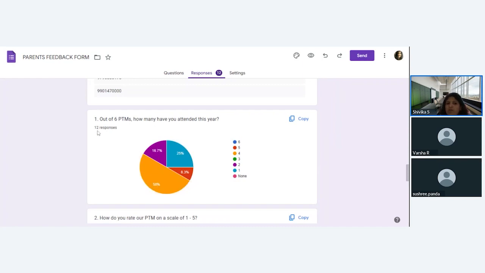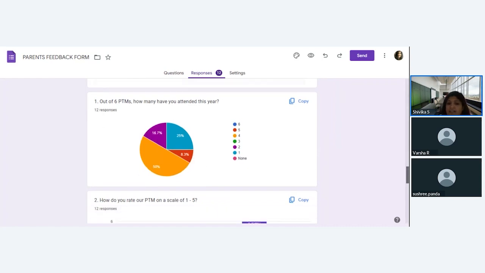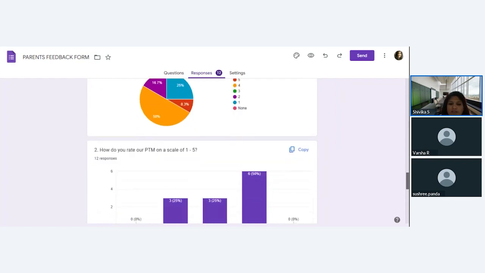Out of 12 people, 6 have responded that they have attended 4 meetings. This data gives an insight that these people are attending 4, but there is one person who has attended only 1, and some have said that they have attended 5. So using this data, you can know the attendance ratio and how you can intervene better.